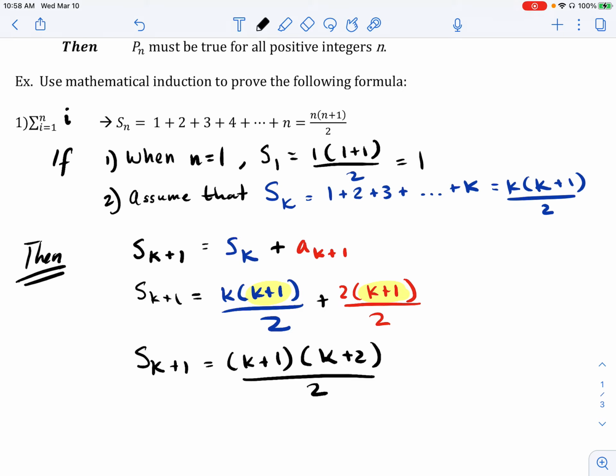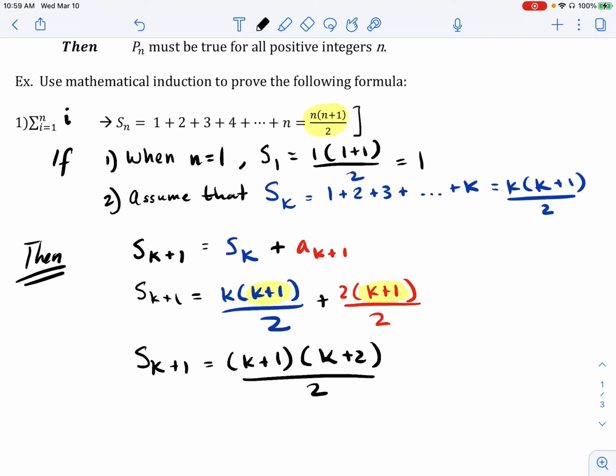Now, I'm going to pause here because I want us to make sure that we understand what we're trying to do. We're trying to show that S sub k plus 1 works, that we are getting this same structure. We want to show that when we substitute k plus 1 in for n, this formula is true.